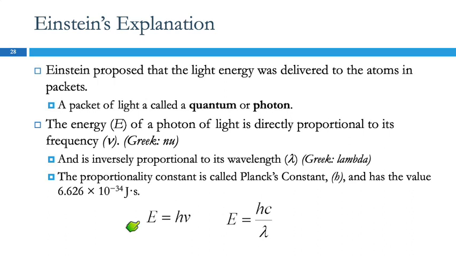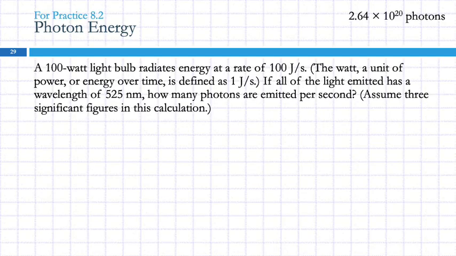So we could say that the energy is proportional to the frequency, or it's proportional to 1 over the wavelength. The proportionality constant, h, is Planck's constant, and this is its value. You don't need to memorize that. You don't need to memorize these equations either. I'm going to come back to that.